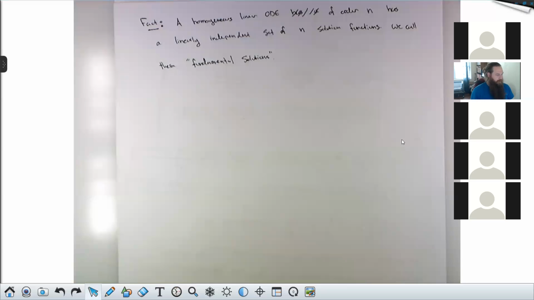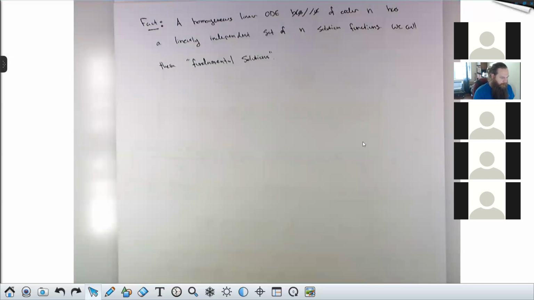What you're doing when you find these n functions that solve the homogeneous equation is you're finding a set of functions whose linear combinations fill up the entire kernel, meaning you can get any function such that L of that function is 0 as a combination of these functions. Okay, the existence of these is a theorem in your textbook. Again, the proof of which goes way, way, way beyond the scope of this course. So we're not going to touch it.